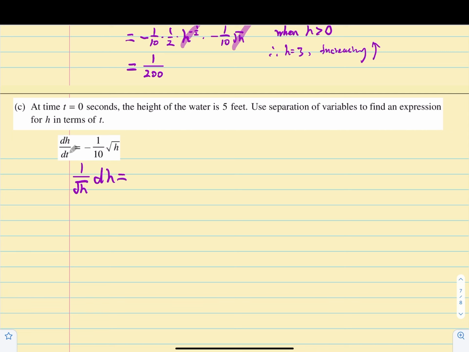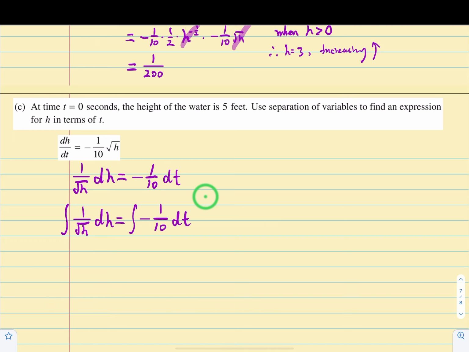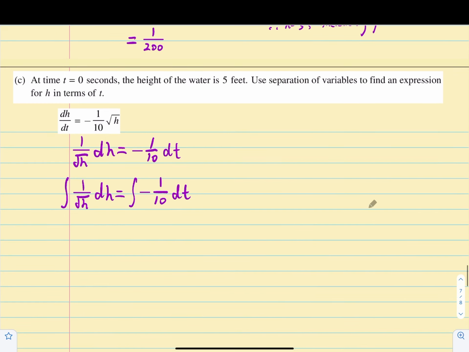We divide by square root of h on both sides and multiply by dt, which gives 1/10 of dt. Then we integrate both sides.